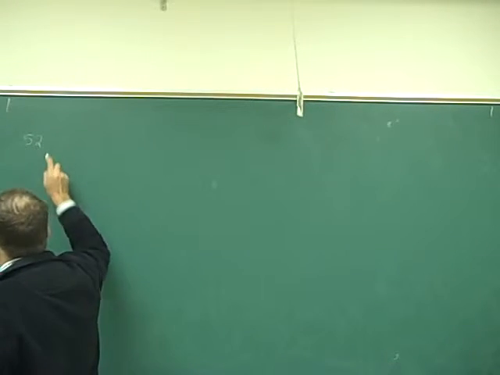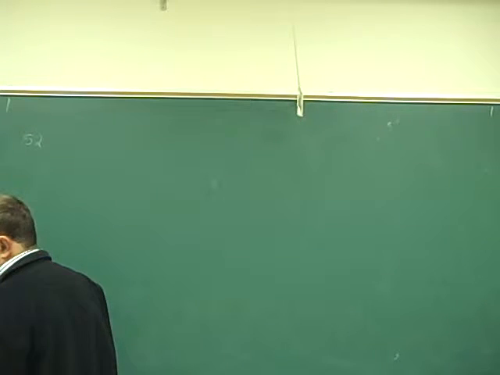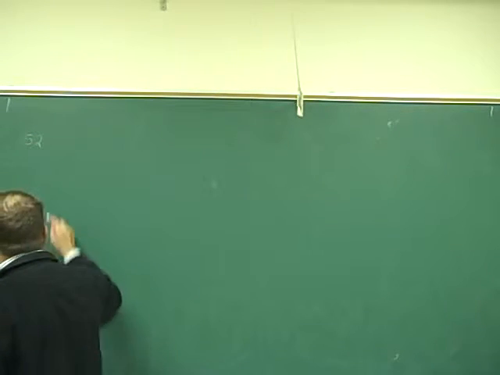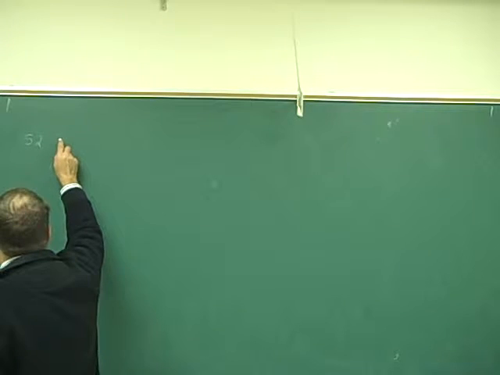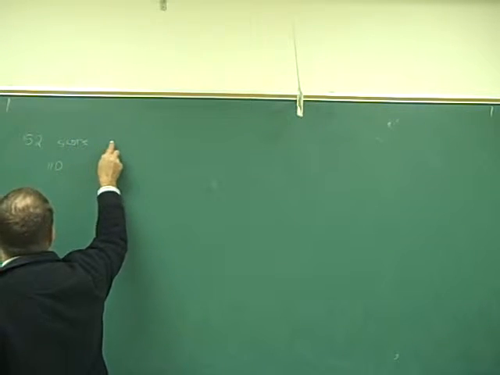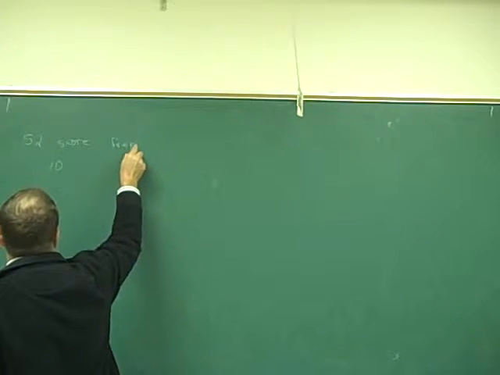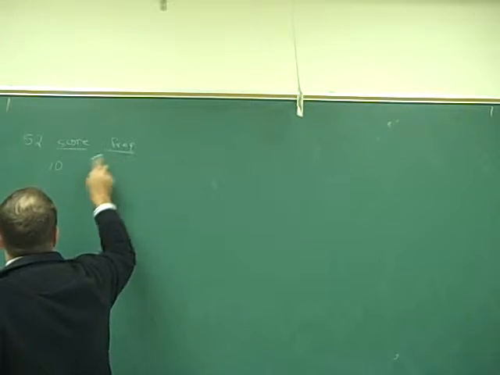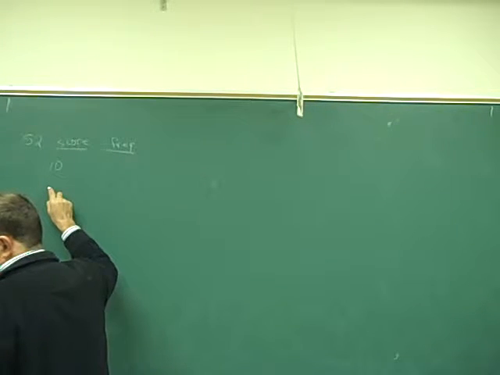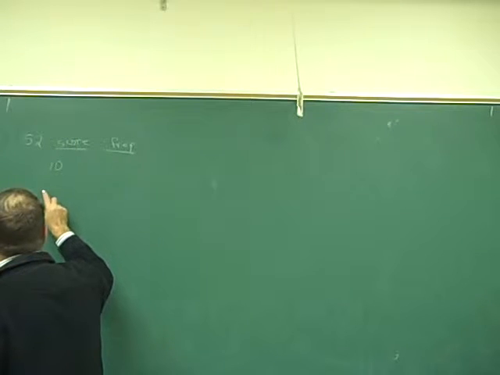So on 52, from this frequency polygon, we've got our score and our frequency, right? Well, it goes 10, 11, 12, 13, 14, 15.